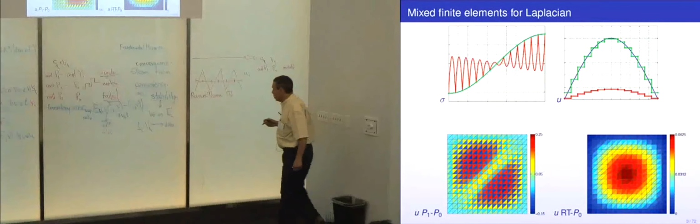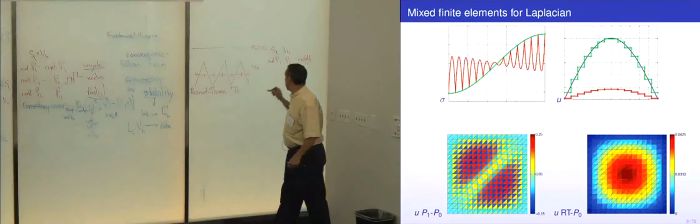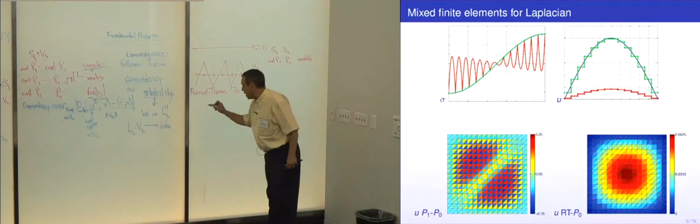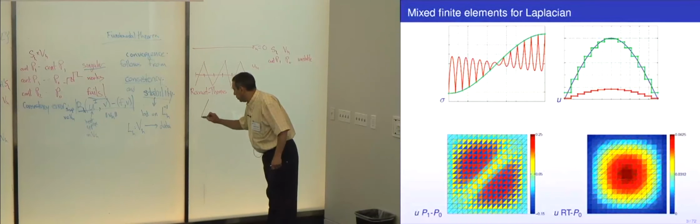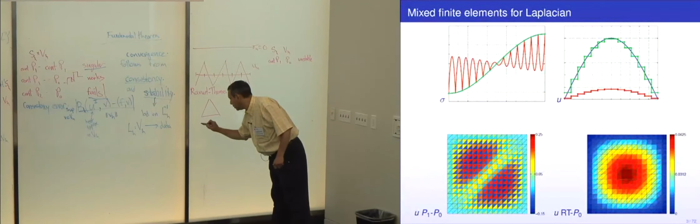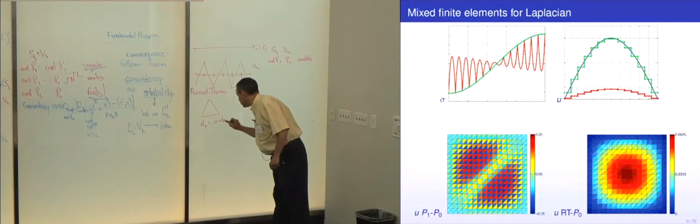And what did they do? They said for S_h, they created a new space, and their space is piecewise polynomial vector fields. On each triangle, the polynomials have the particular form (A plus B times x, C plus the same B times y).